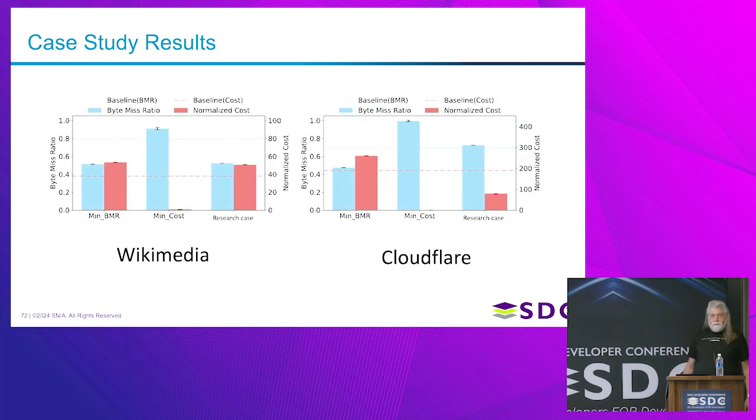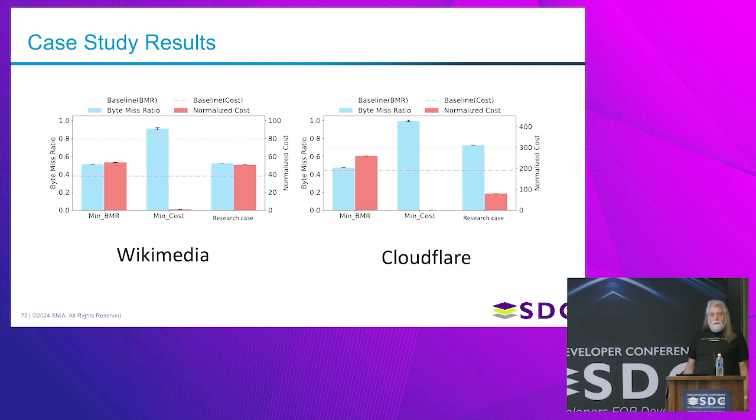So I mentioned that this was a multi-objective optimization. So in this case, we are looking at both byte miss ratio, or gross performance, and cost. And we have Wikimedia and Cloudflare again.